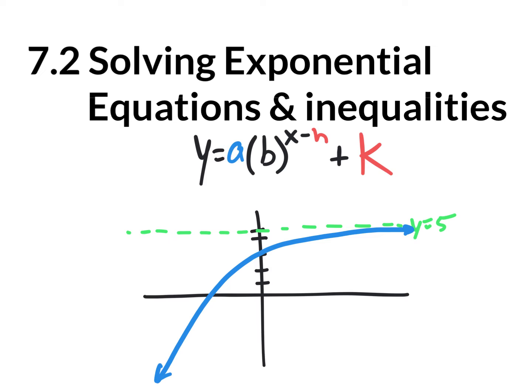What about the a value? Could anybody tell me about the a value of this graph? It's negative. Absolutely negative. A regular exponential decay function starts up here and goes down here. But instead, it got reflected, and then it got shifted 5 units up, right?